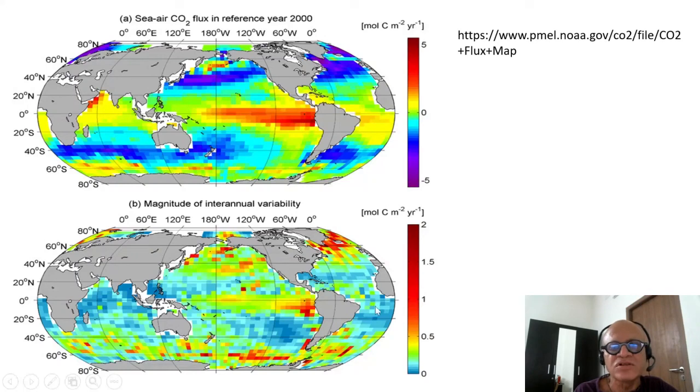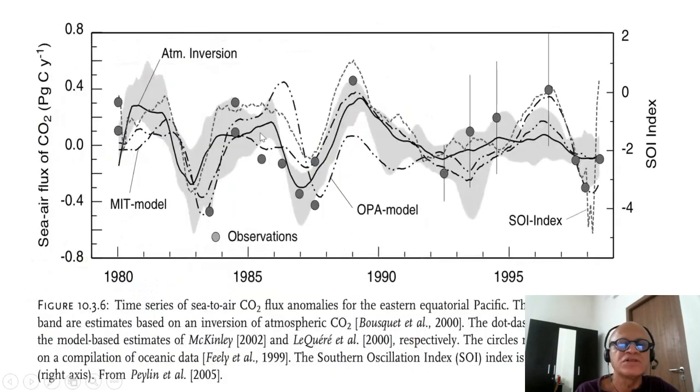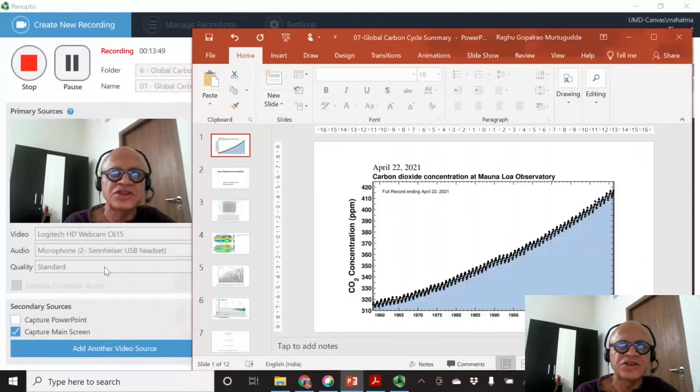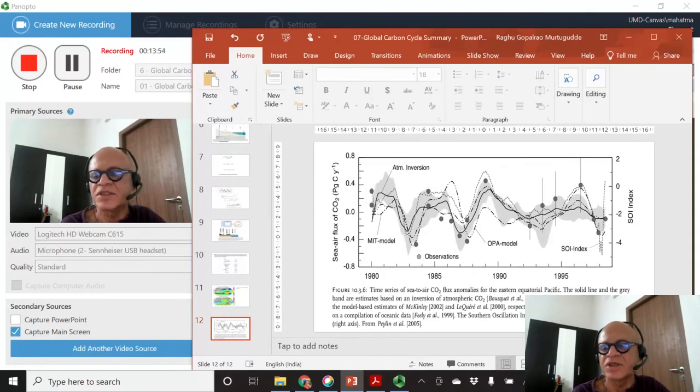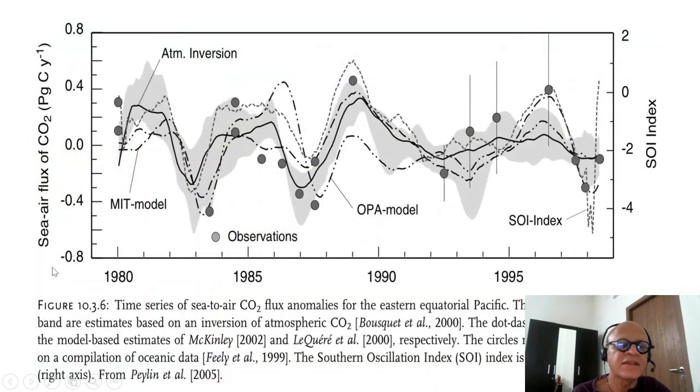And the news for models again is concerning in the sense that in the region where we have the largest signal to noise ratio and good data, the models are not doing so well. So if you look at air-sea CO2 flux in the Eastern Pacific, we can see that from 1980 to 2000 or so, there are measurements and there are atmospheric inversion calculations with these uncertainties in gray bands.